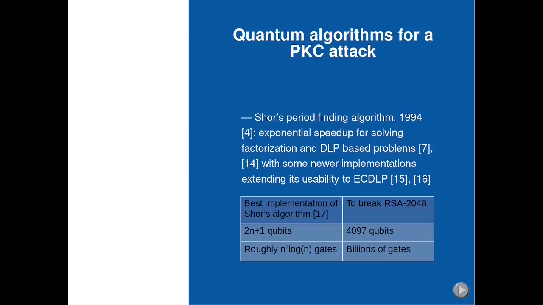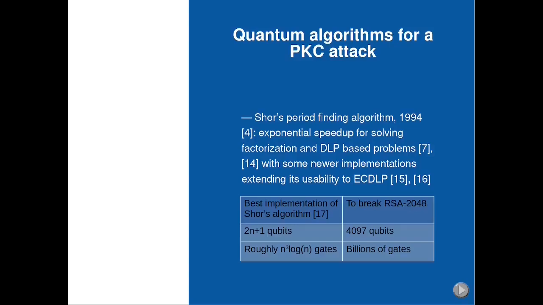There are some achievements with these algorithms that show that good implementations use something around 2n plus 1 qubits in total, and roughly 3n^3 times log n gates.